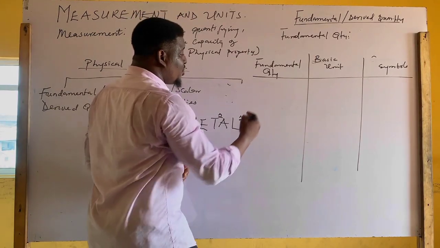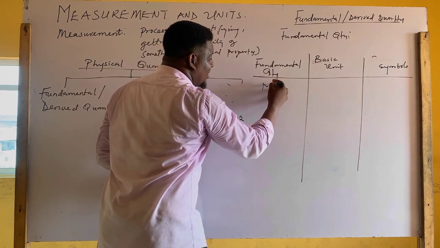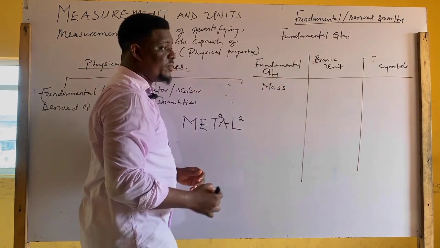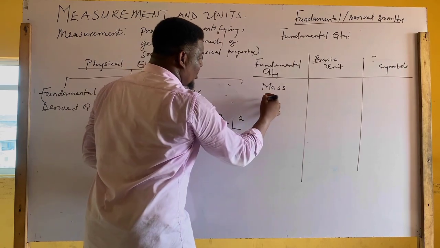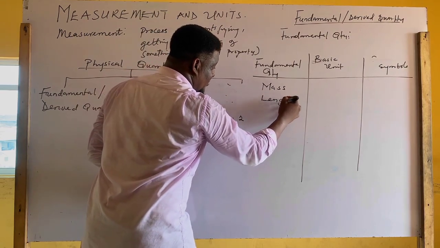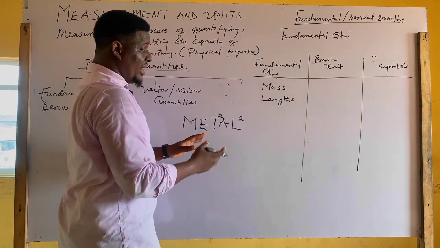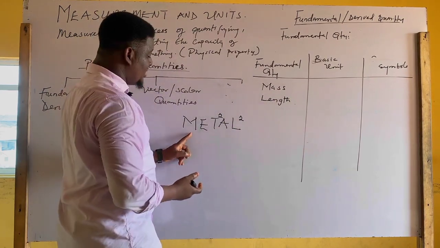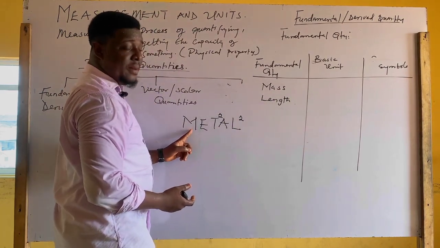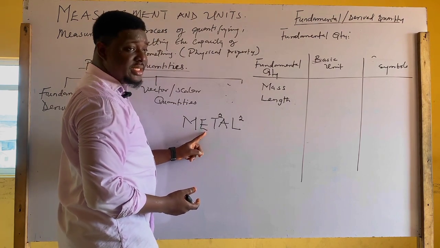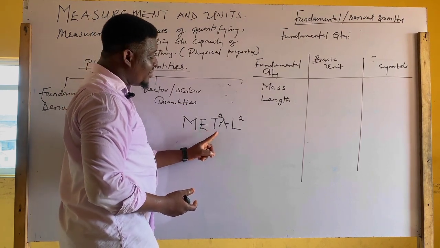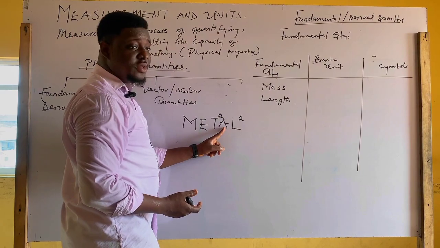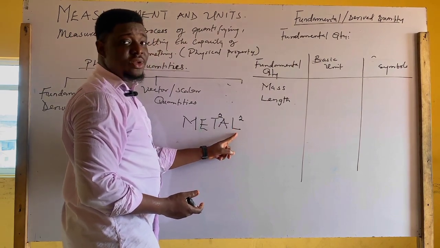The first one we have is mass. Please, I want you to keep notes. The next one is length. Or you can write it in the order of this acronym, METAL: mass, electric current, temperature, time, amount of substance, length, and luminous intensity.